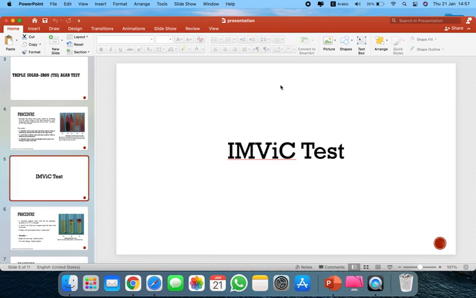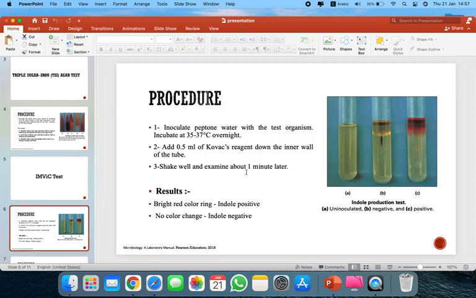As you can see here, I will start with I, indole. The indole test. For the indole test, certain bacteria are able to break down the amino acid tryptophan into indole. So this bacteria is specific.